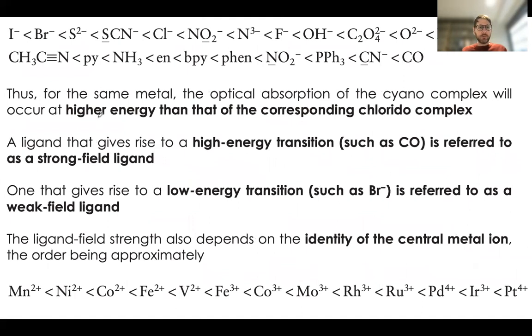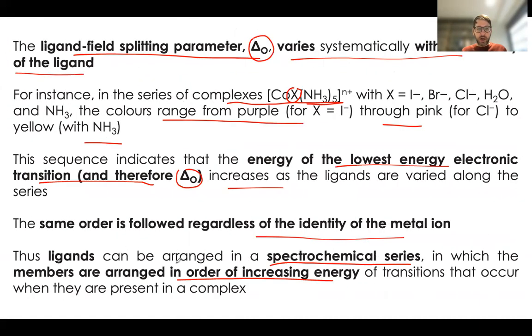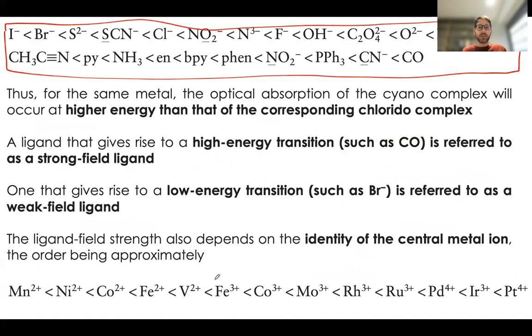So this is the example of the spectrochemical series that I just mentioned. And this is the order, and it is usually not sensitive to the metal atom, all right?